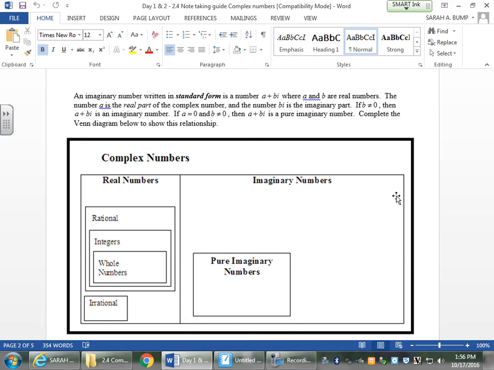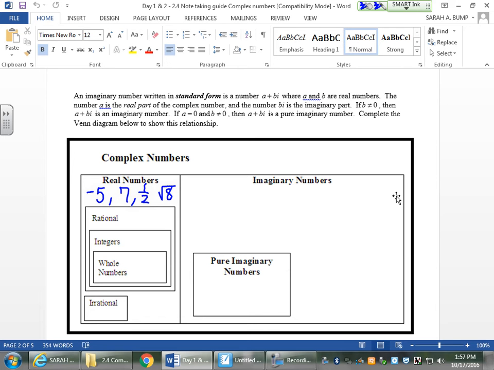So complex numbers is the whole number system. It includes everything, real and imaginary. So we have the real numbers and the imaginary numbers. Real numbers are numbers that we're used to working with, like -5, 7, 1/2, the square root of 8. Okay, those are all real numbers.